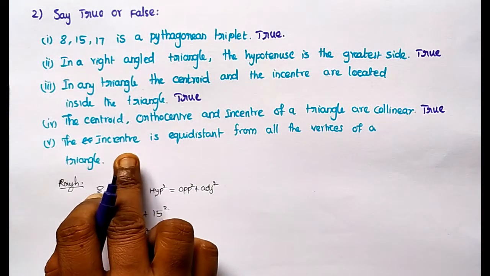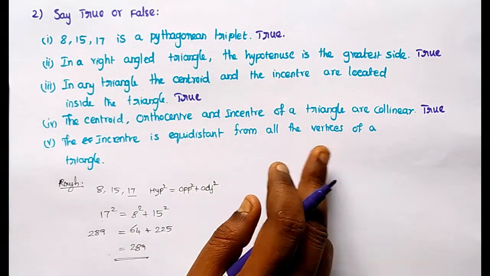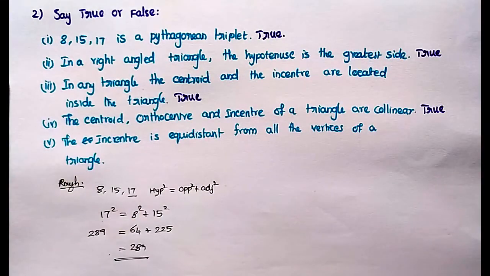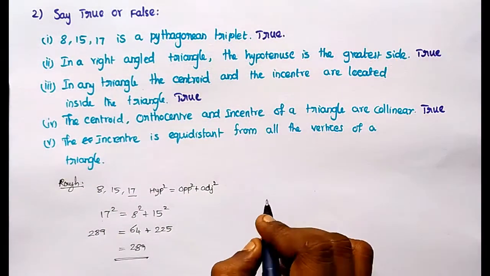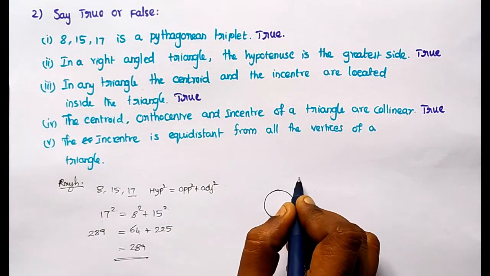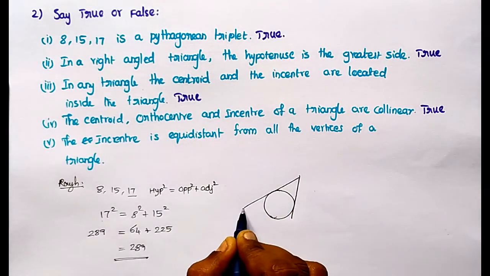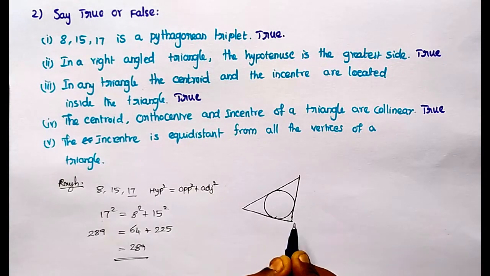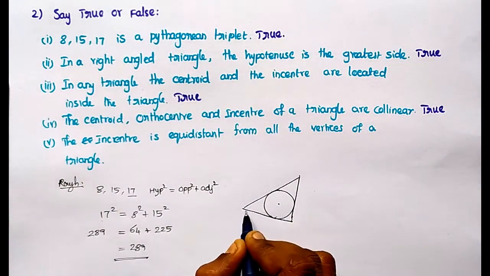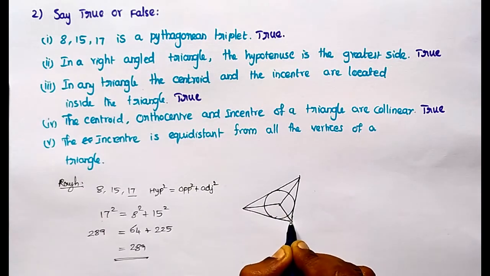Next one, the incenter is equidistant from all the vertices of a triangle. Listen, the incenter. In the incenter, the distance is equidistant, they said.